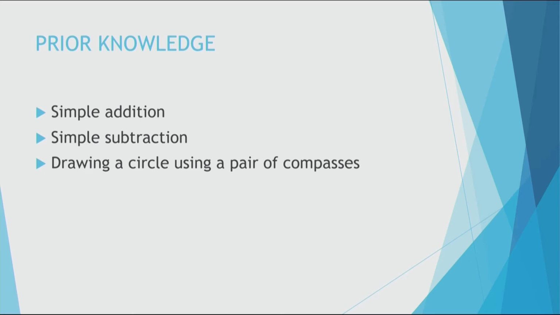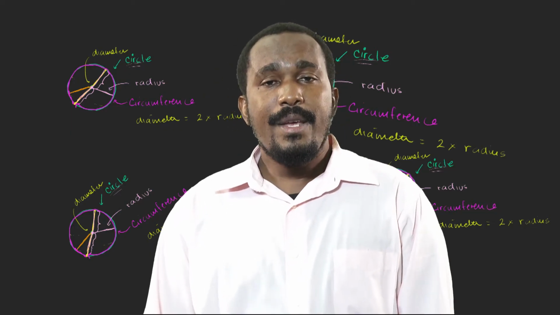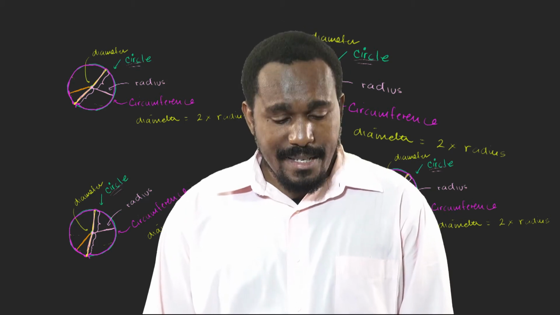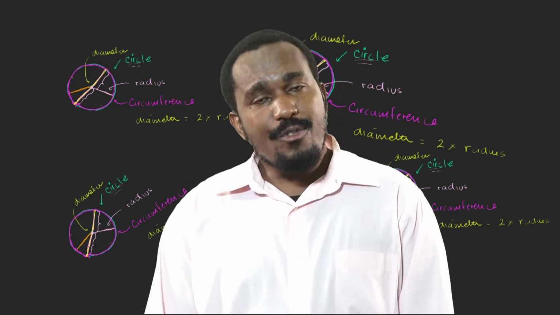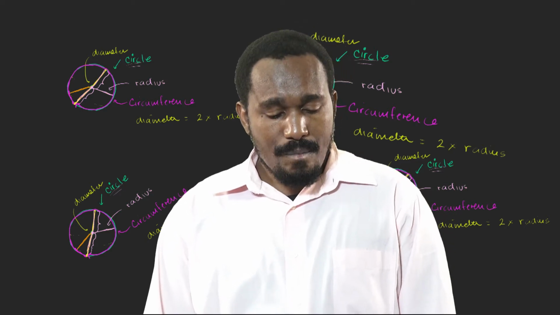Before you do the lesson, you are expected to have this information prior, which is simple addition as usual. You've learned addition from primary 1, primary 2, primary 3, and now you're in primary 6. You know your simple addition. Simple subtraction also is a prerequisite.